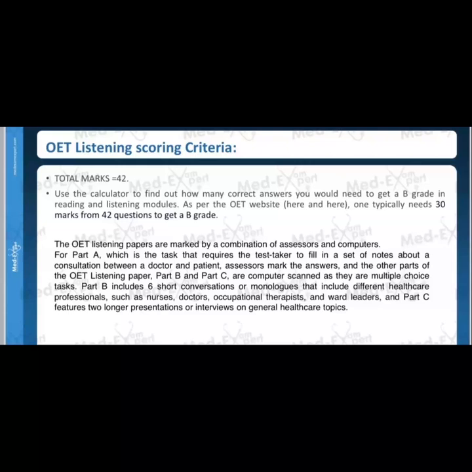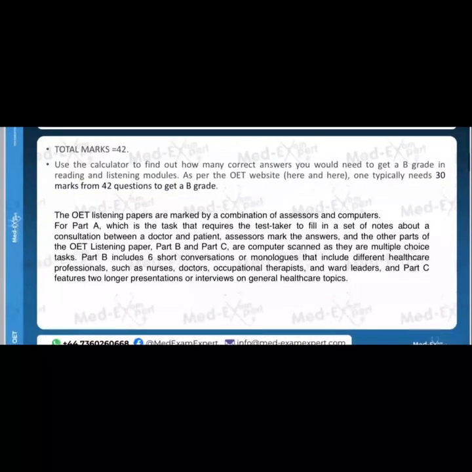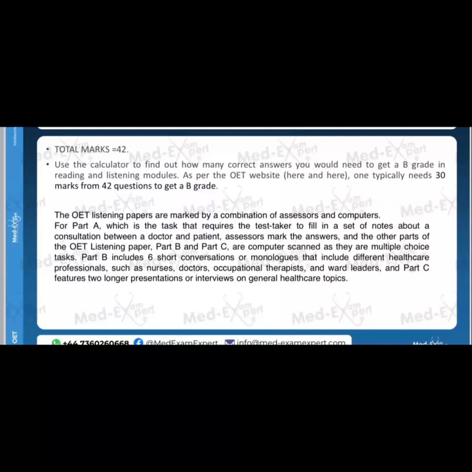It is the task that requires the test taker to fill in a set of notes about a consultation between a doctor and a patient, and an assessor marks the answer. The other parts of the OET listening paper, part B and part C, are computer scanned. So for part A, you are being assessed by assessors, examiners, and for part B and part C, you are being assessed by computer checking.